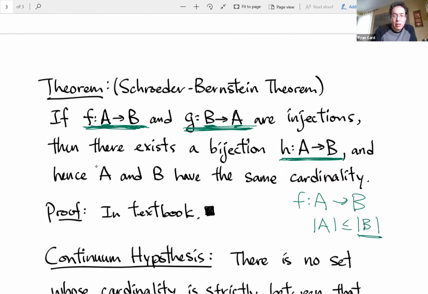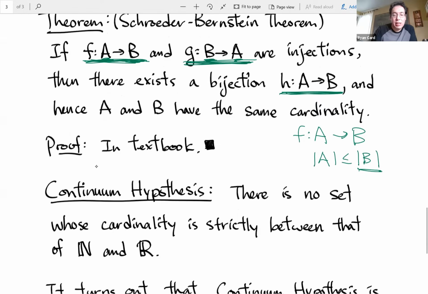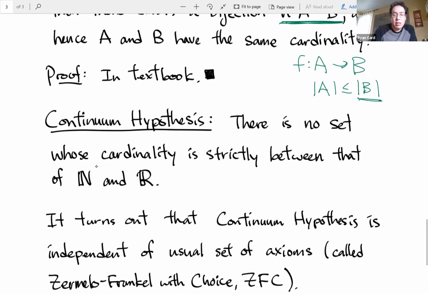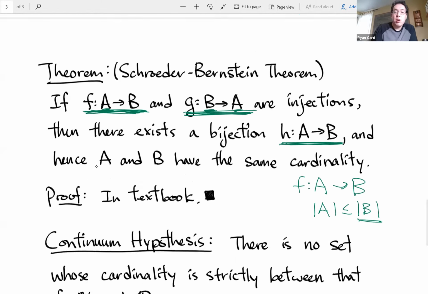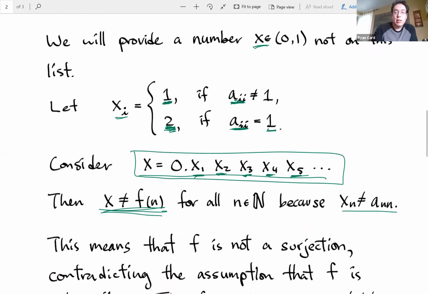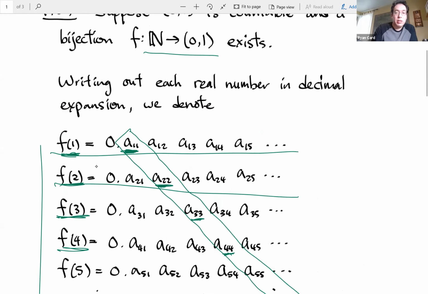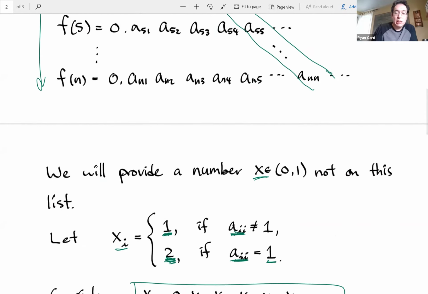Okay. All right. One more thing that I'm going to leave you with is this idea of the continuum hypothesis. This is a really natural question you might ask next. We have just shown that the real numbers are bigger than the natural numbers.